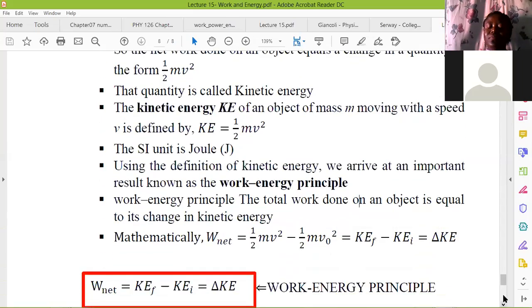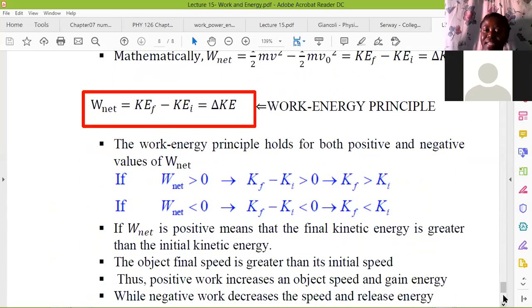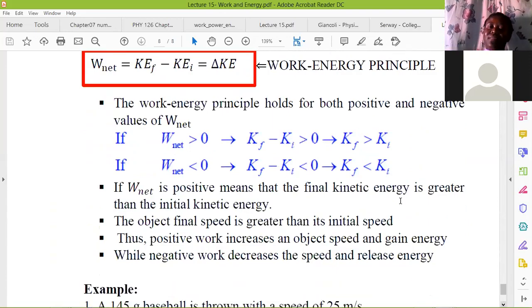While if work is negative, when you have a negative work done, then the change in kinetic energy is less than 0. What it means is that the final kinetic energy is less than the initial kinetic energy. So the speed decreases as the object is moving.